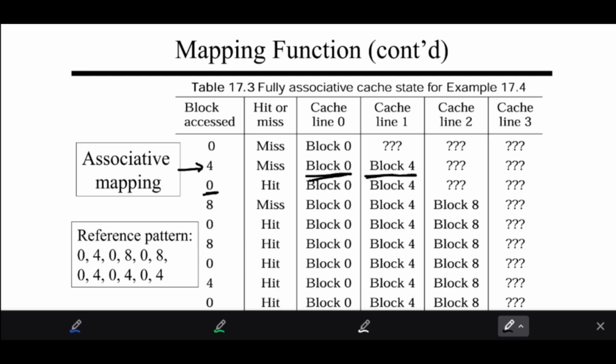Next we search for block 8. Block 8 is not present, so it is definitely a miss, and block 8 is randomly stored inside cache line 2. Then block 0 is requested again. Block 0, block 4 and block 8 are available, so there is a hit.